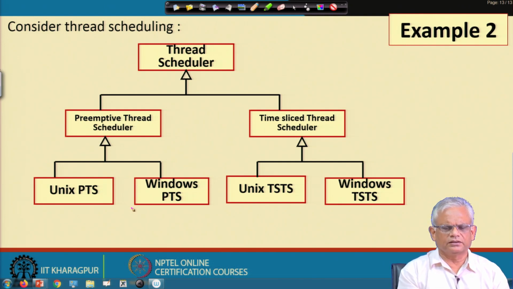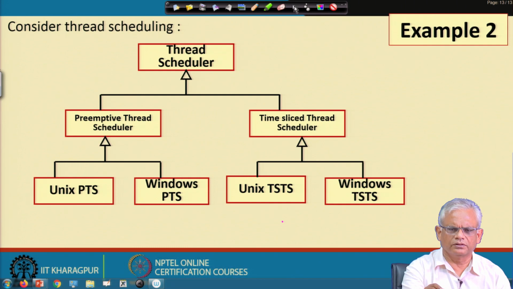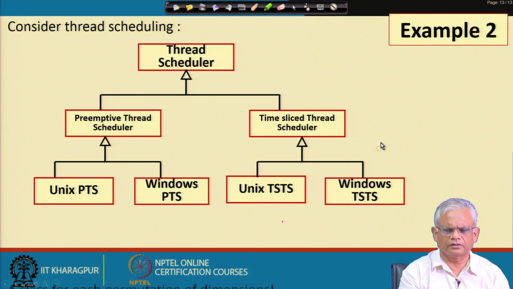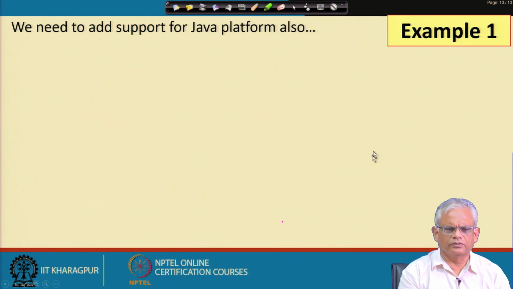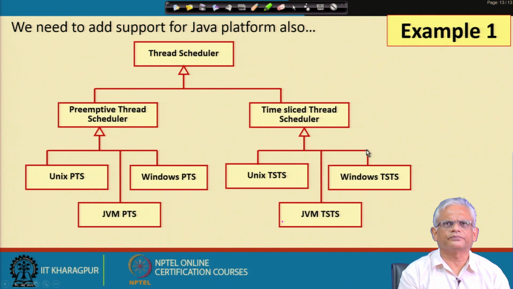Similarly, for the time sliced thread scheduler, we will have two subclasses, the Unix time slice thread scheduler and the Windows time slice thread scheduler. But later, as maintenance was required, it was used for some time and then new requirements arose, and we need to support the Java platform.